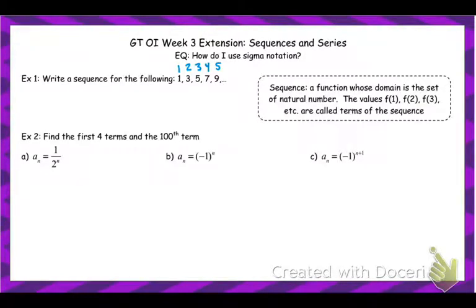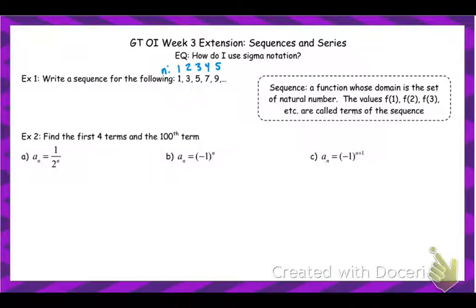So the term number we're going to say is n. Okay, a sub n is the notation we're going to use for that place in the sequence. And then you can substitute, so a sub 1 is the first term, a sub 2 is the second term, a sub 3 is the third term, and so on and so on.